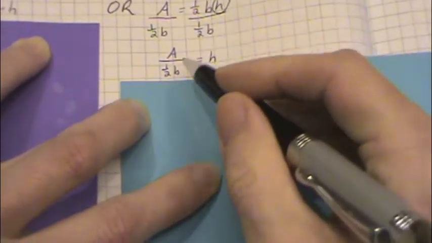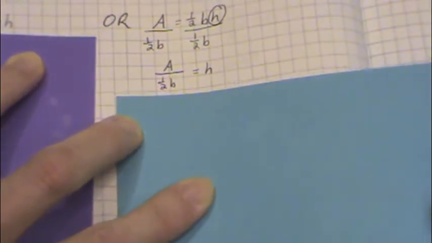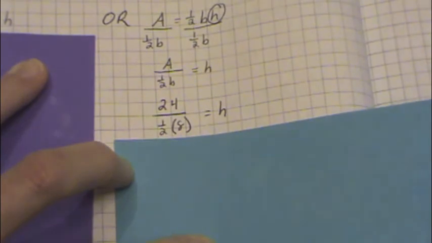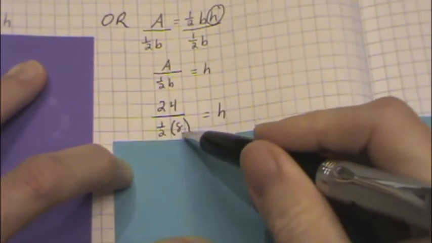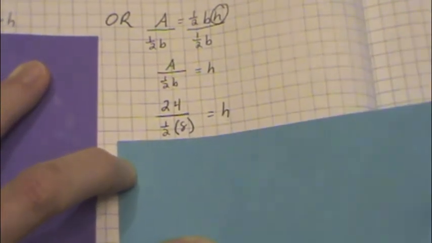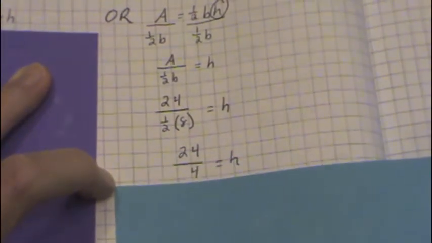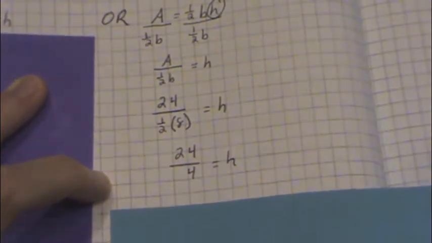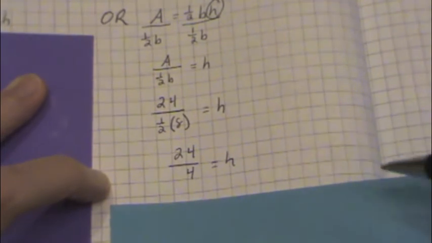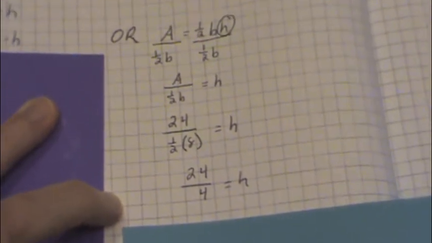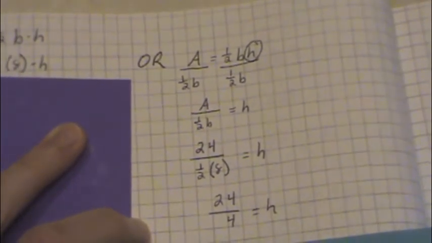So then we end up with area over 1/2 base equals height. Put in the numbers that we know. 24 over 1/2 times 8, which is 24 over 4, equals h, and that's going to be equal to 6. Same exact answer, two ways to do it. Either way is correct.